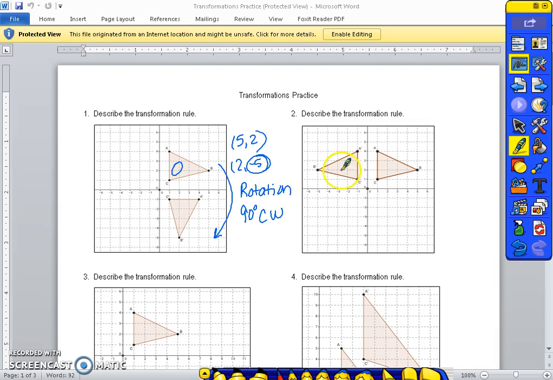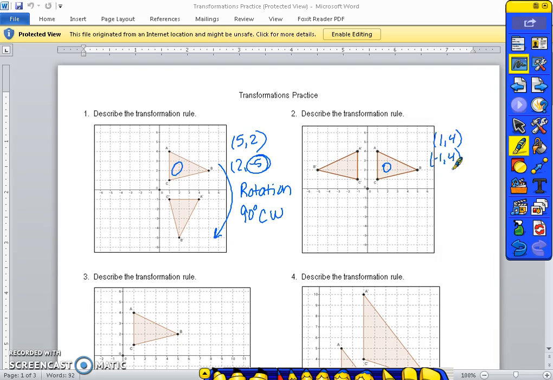The two triangles fall on opposite sides of the y-axis. Angle B is pointing to the right for the original. Angle B prime is pointing to the left for the new one. So it looks like this is flipping across the y-axis. A is at 1, 4. A prime is at negative 1, 4.